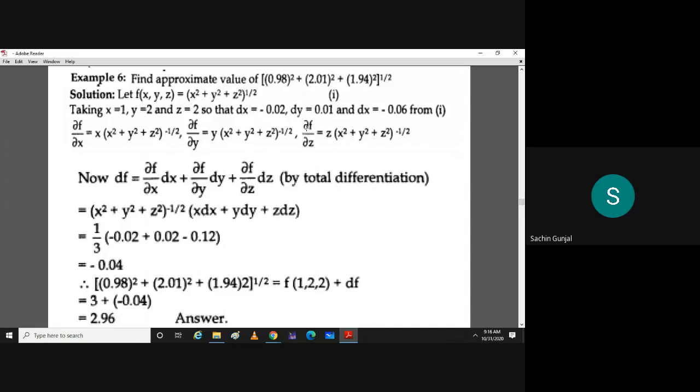And del f by del z is equal to z into (x square plus y square plus z square) raised to minus half. Any doubt in these partial derivatives? Any doubt in del f by del x, del f by del y, and del f by del z?